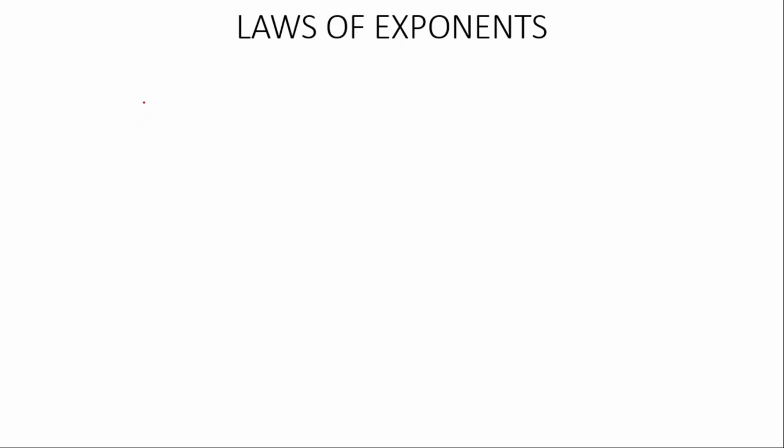So first of all, let us discuss what is base and what is power. If I write 2 to the power 3, in this term 2 is known as base and 3 is known as power or exponent or index.